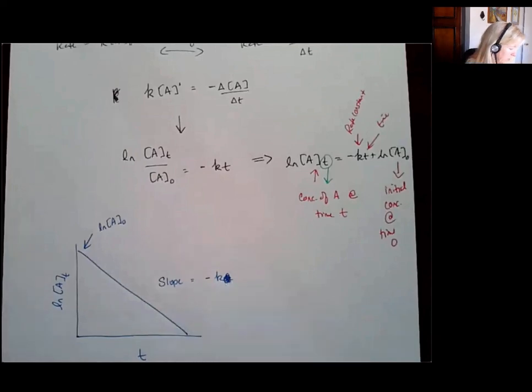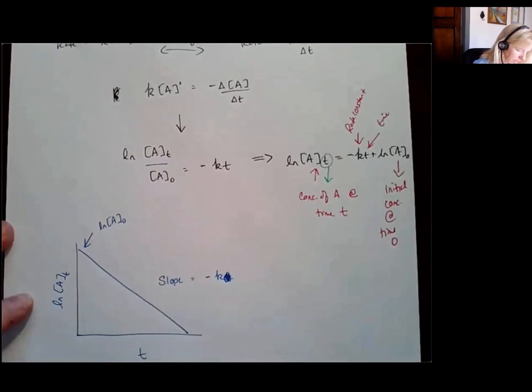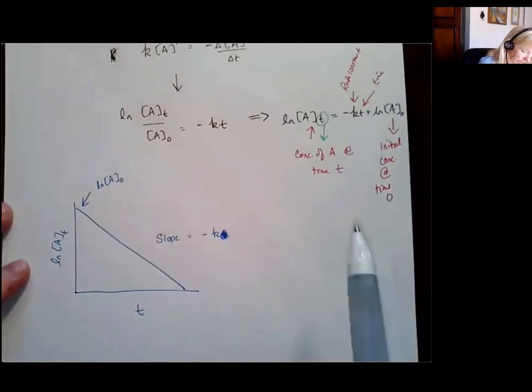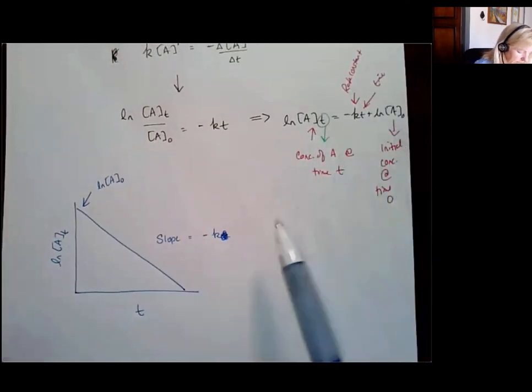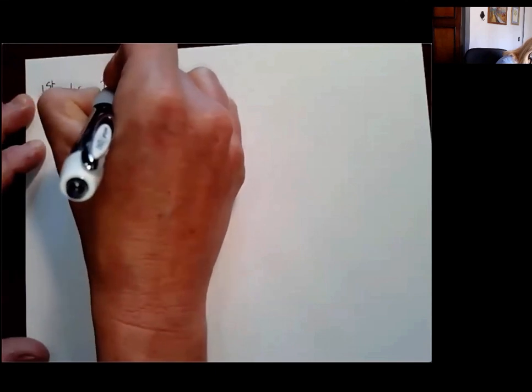So oftentimes what we're doing is we can measure the change in concentration as a function of time, but we don't really know anything about the rate constant, and maybe we want to calculate the rate. We need to also calculate the rate constant. This is going to allow us to do this. All right, so I'm going to rewrite my first order equation here, my integrated rate law.